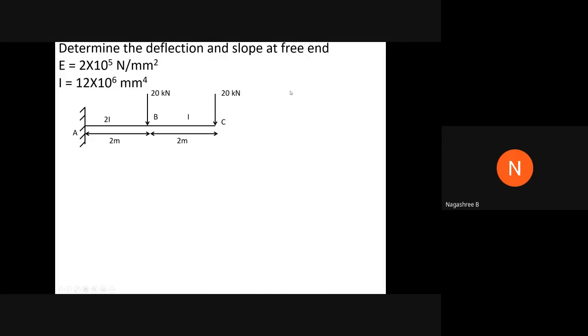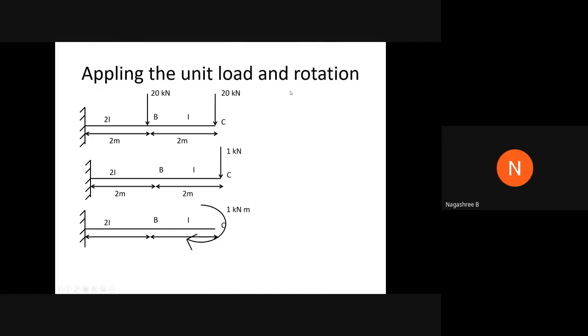Now, the first and foremost step in the unit load method is that we are supposed to assume the point load exactly at the point where we are supposed to determine the deflection.